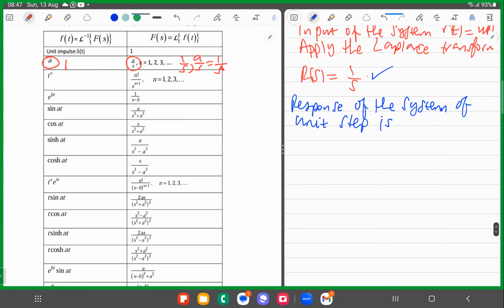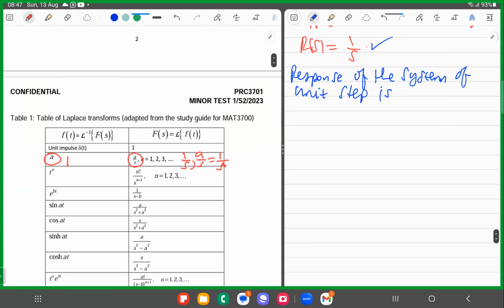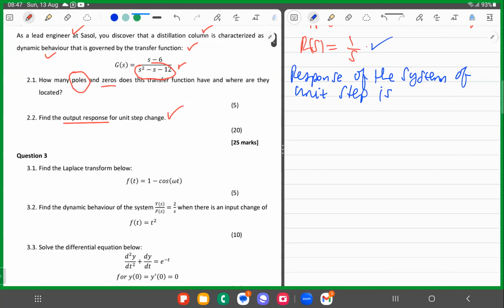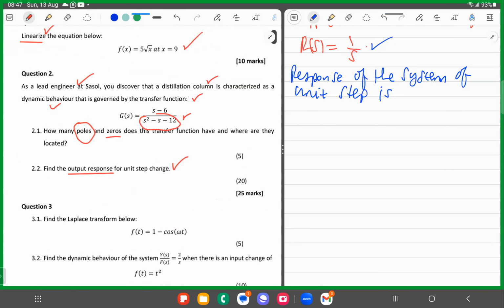Now, we then continue as follows, and see that the response of the system to a unit step is C of s, which is R of s multiplied by G of s.